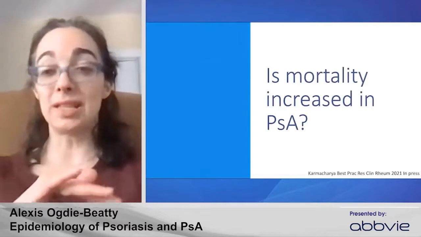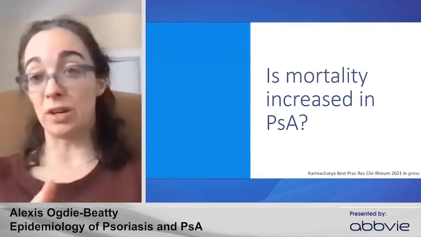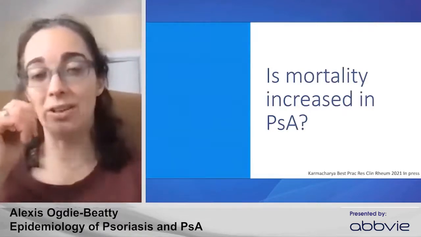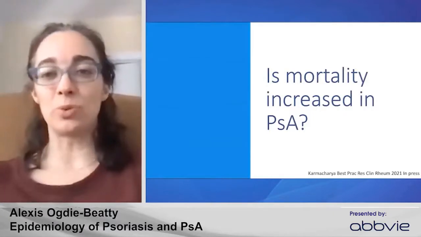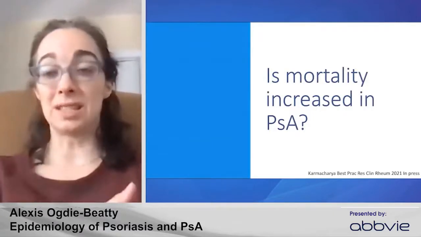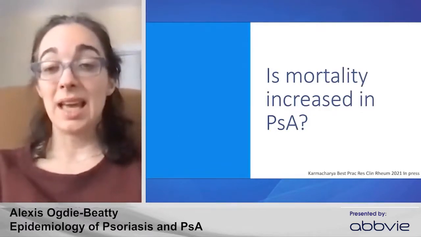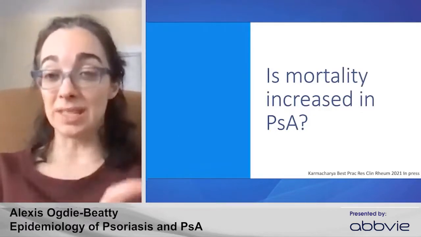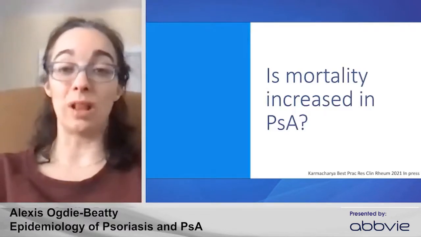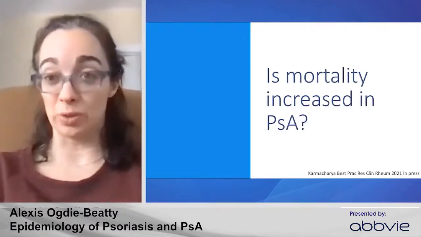However, there are also studies suggesting that there's not much of an increased risk at all in mortality, and that's particularly true in the most recent time points. If you look in the distant past, there probably was a significant increased risk. Additionally, the types of patients being studied and the severity of the disease is also relevant for whether or not they're at increased risk for mortality.